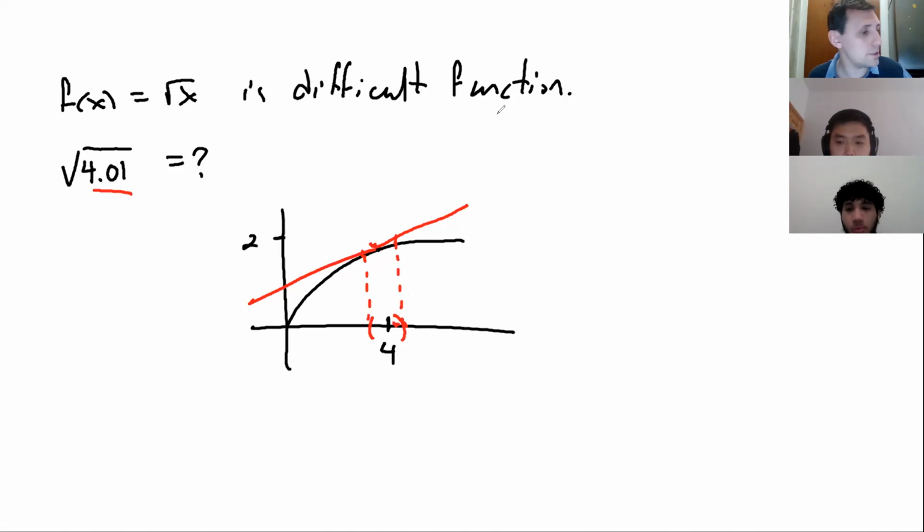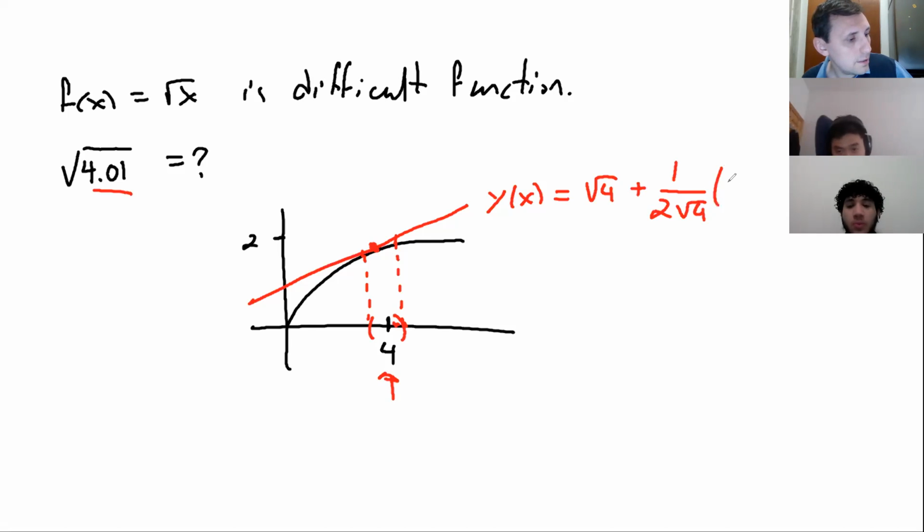So what's the equation of that line? The equation of that line near 4, if I'm using the tangent line at 4, then y of x will be equal to root of 4 in this particular case, plus the slope, which is 1 over 2 root 4. The slope always is 1 over 2 root x for the derivative. Times x minus 4.